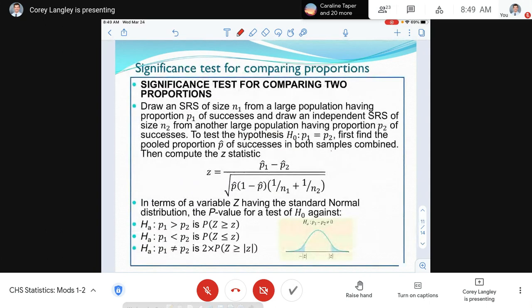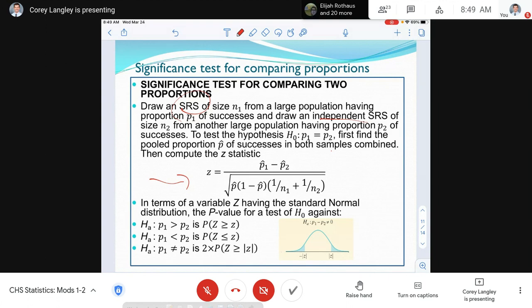So our actual equation for the z statistic, we see right here in the middle. Again, all of our conditions: simple random sample, independent populations that are large enough. Okay. We see our z statistic here. The difference of the two sample proportions, p hat 1 minus p hat 2, goes in the numerator.